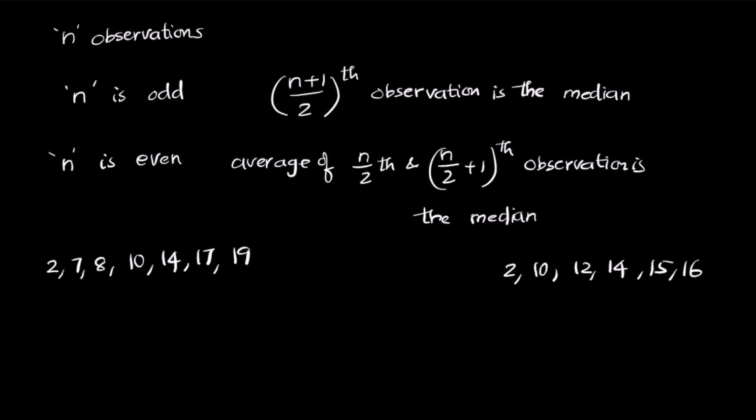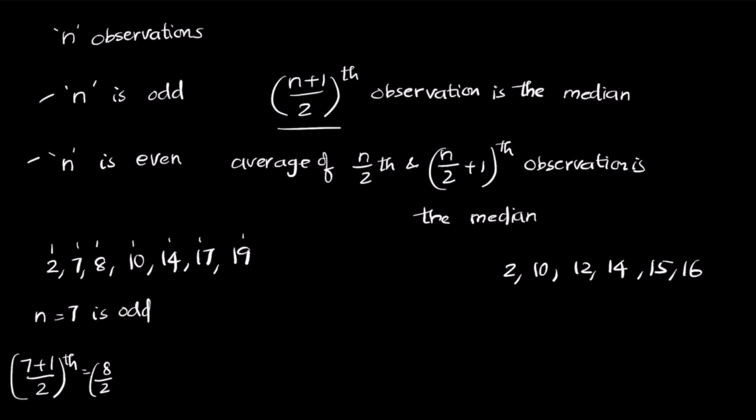These are the data sets that I'm using, and I've already prearranged them in order. Now we have to calculate whether n is even or odd. That's the first rule. Let's look at the first: 1, 2, 3, 4, 5, 6, 7. So n here is 7, which is odd. When it is odd, the n plus 1 by 2th observation is the median. So you have 7 plus 1 by 2, that is 8 by 2, which is 4. So the fourth observation is the median.